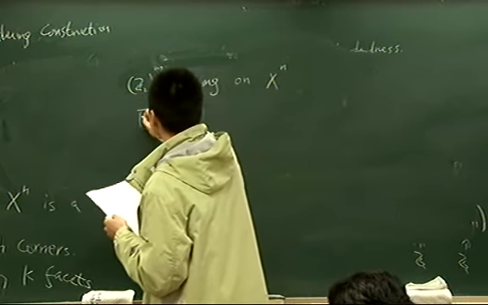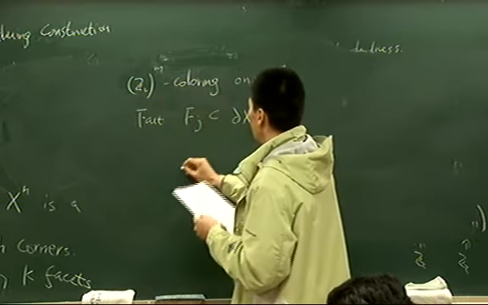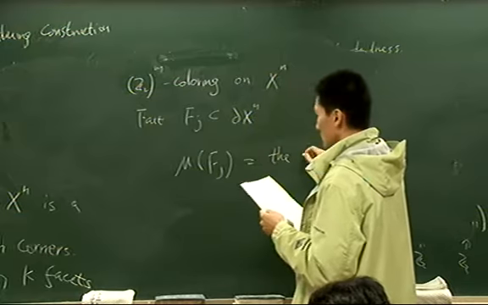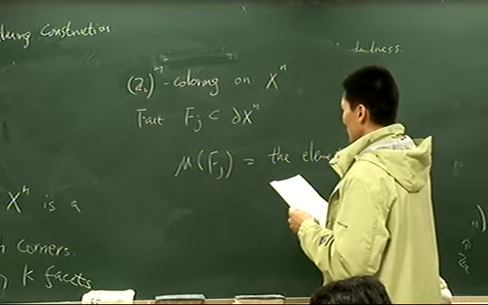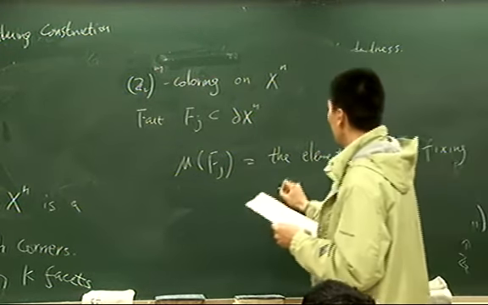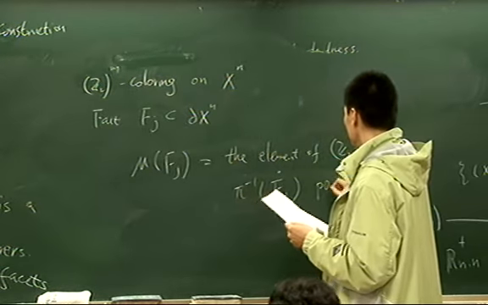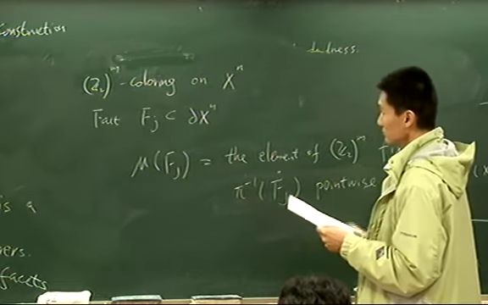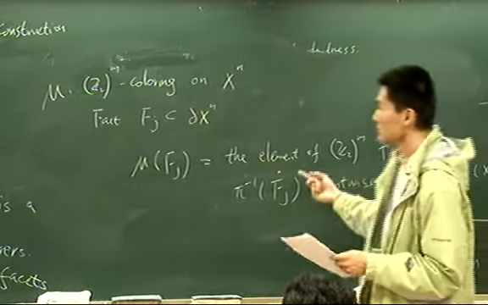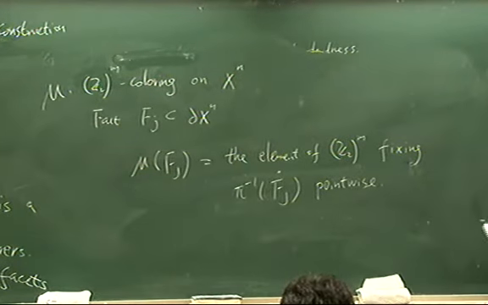For any facet Fj, the coloring mu(Fj) is defined to be the element of Z2^m that fixes pi inverse of Fj pointwise. So this is the same as the characteristic function of a small cover, or the coloring before.